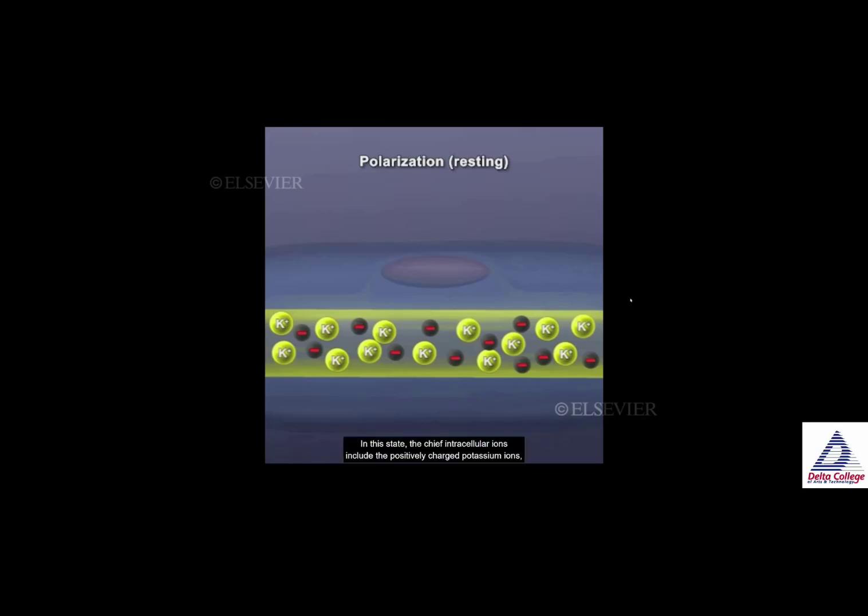In this state, the chief intracellular ions include the positively charged potassium ions, K+, and several negatively charged ions or anions. During the resting state, the potassium ions tend to leak out of the cell.